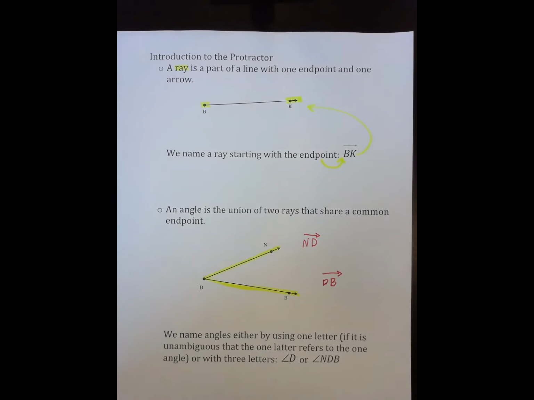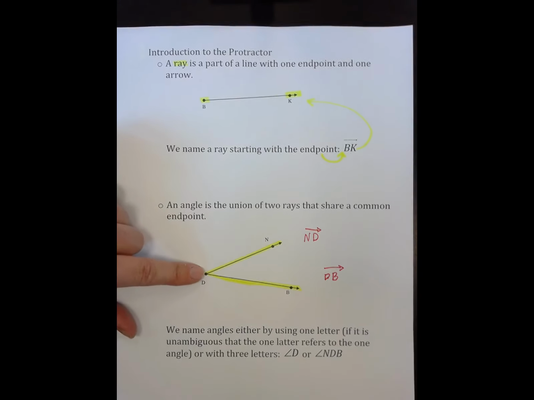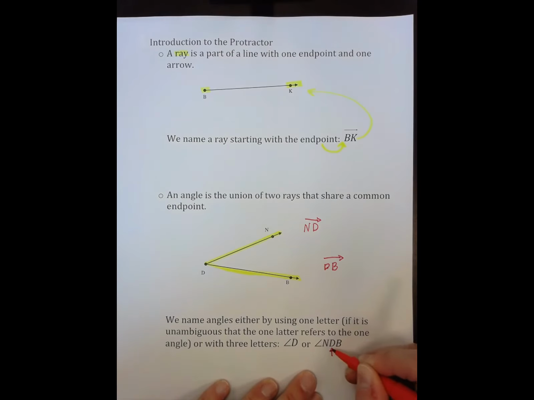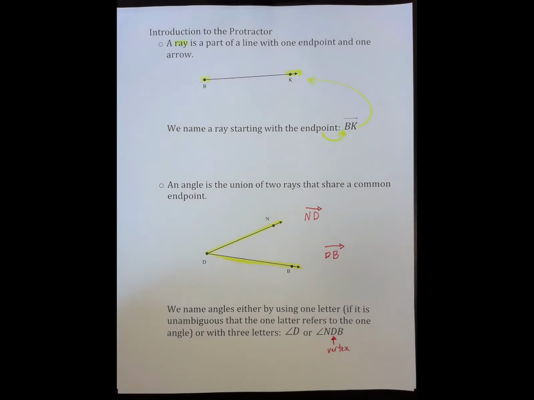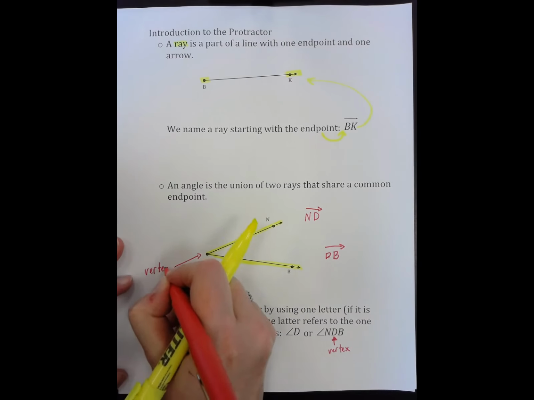And we name the angle by either using one letter, if the angle is not ambiguous, just the D, or by using all three, NDB, where we need to make sure that the middle letter is always the vertex of the angle. So just to label that, this is the vertex.